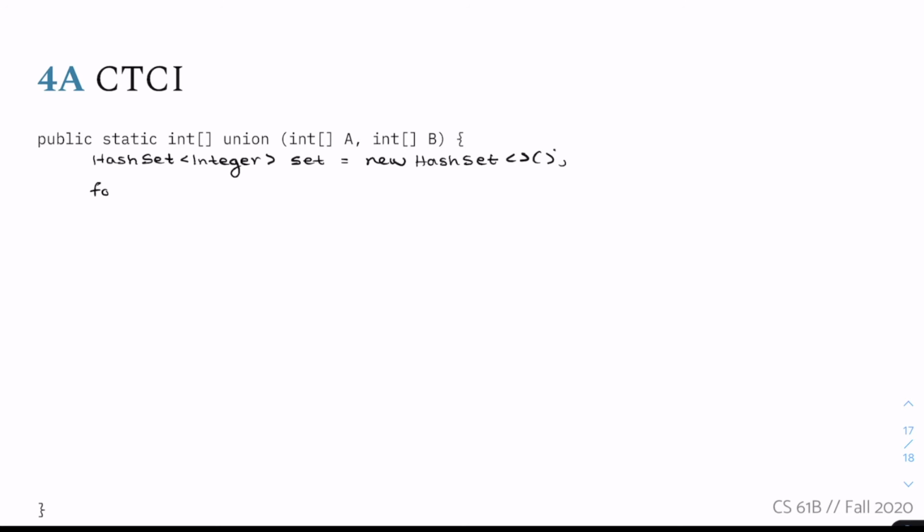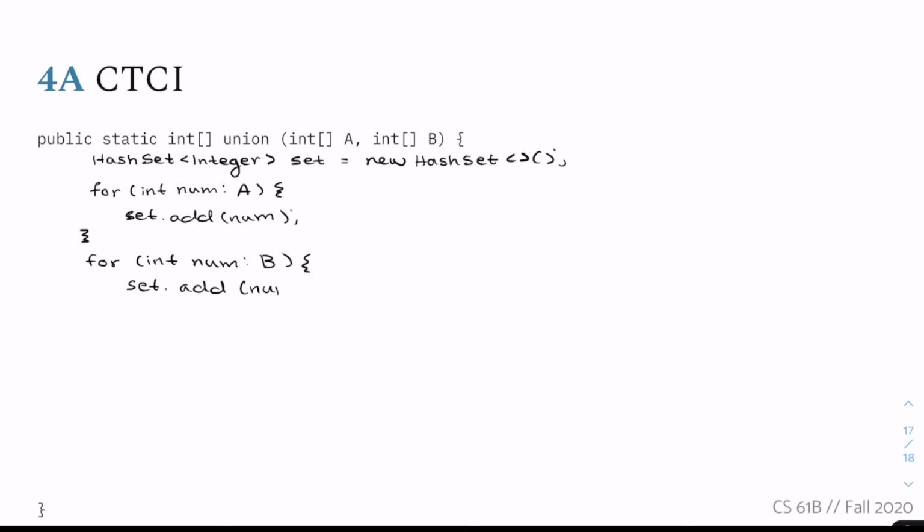So, for int num in A, all we're going to do is set dot add num, and then we're going to do the same exact thing for int num in B, set dot add num. And if there's any repeats, the set will not add them twice, it'll only add them once.